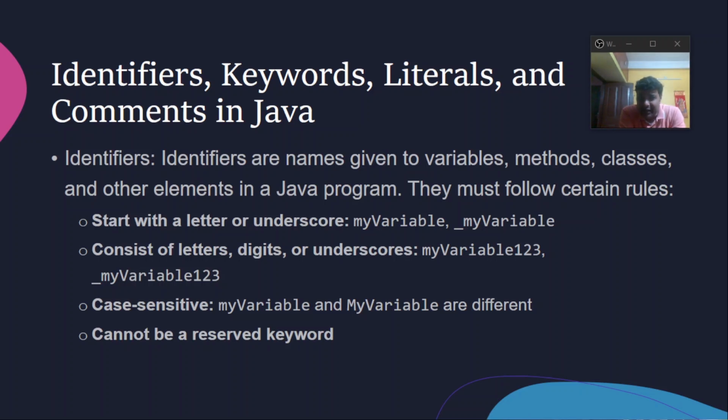But these identifiers must follow certain rules: start with a letter or underscore, consist of letters, digits, or underscores, be case sensitive, and cannot be a reserved keyword. Keyword means a predefined variable name.